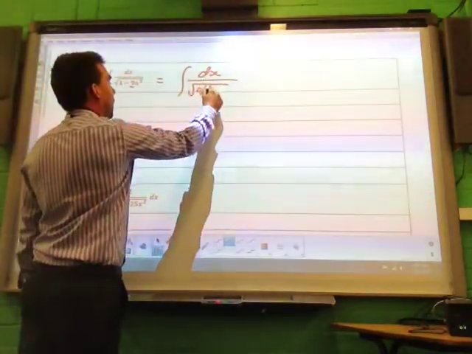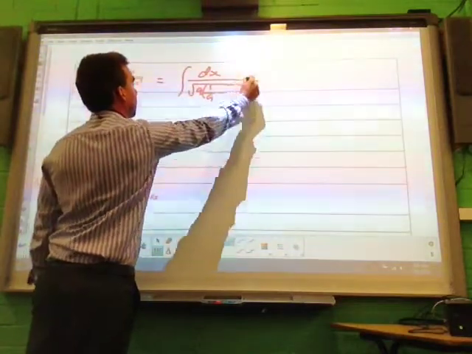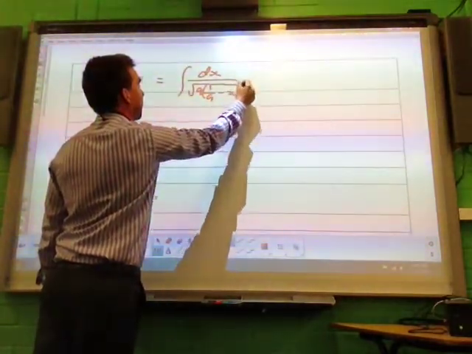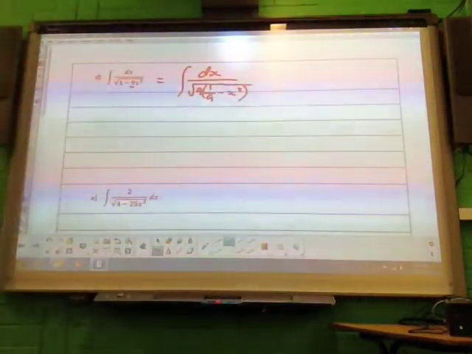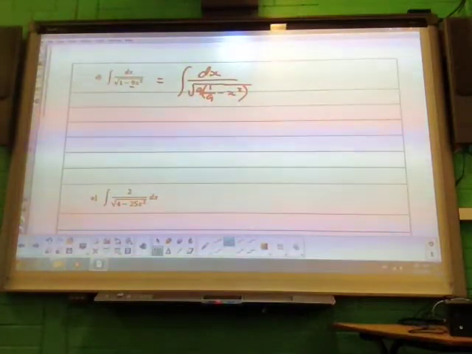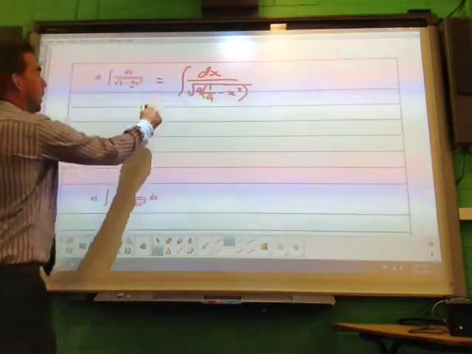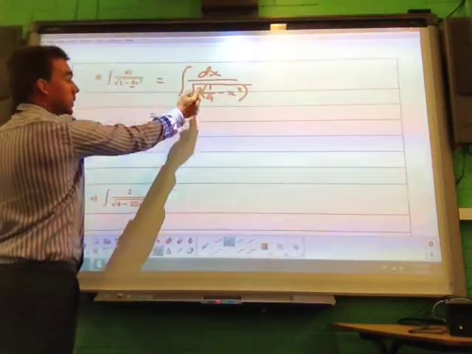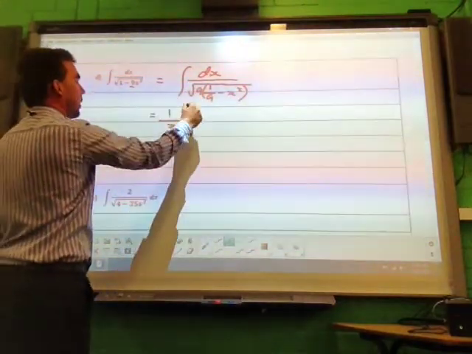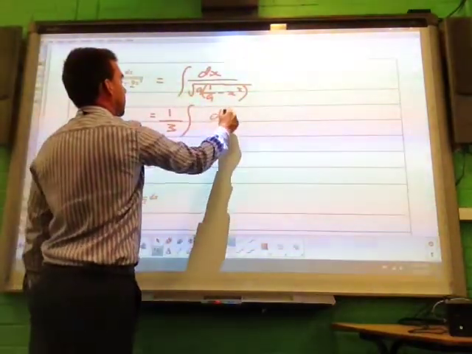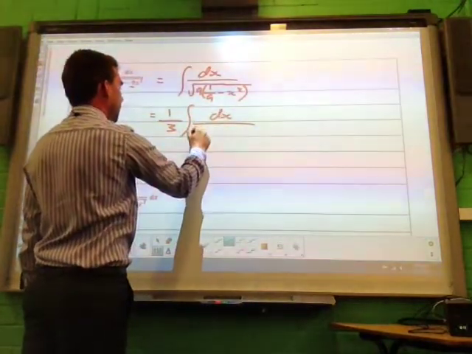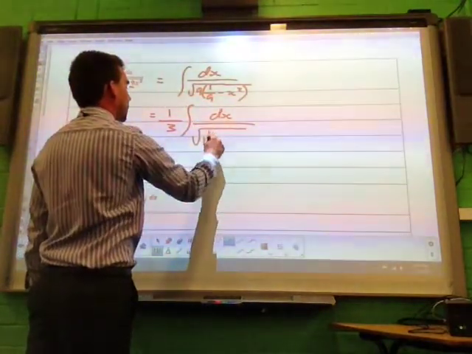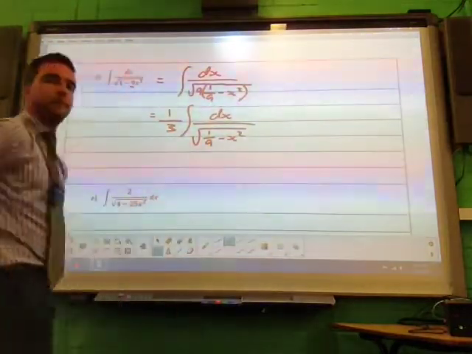So you're left with 1 over 9 take away x squared. Now the coefficient of x squared is 1. So take the square root of 9, which is 3, so it's going to become a third integral of dx over the square root of 1 over 9 take away x squared.